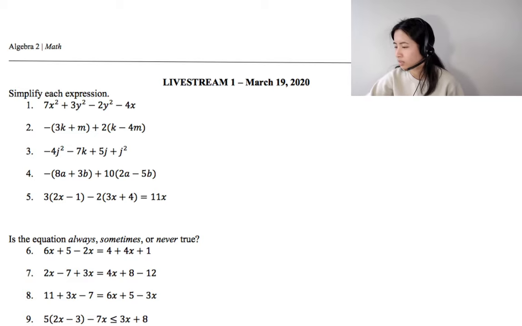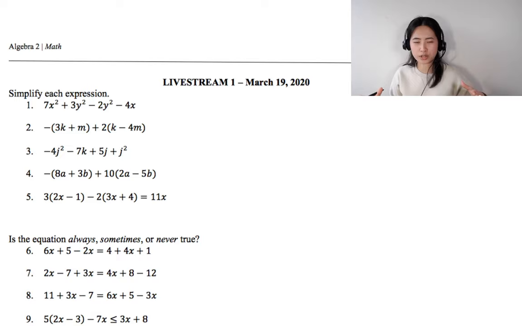Can I get a yes as well? I'm also curious to know where you guys are coming from, where you are currently based right now. Please make sure to drop that down below.